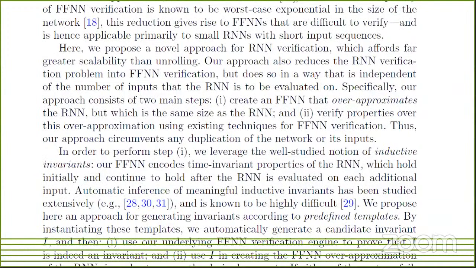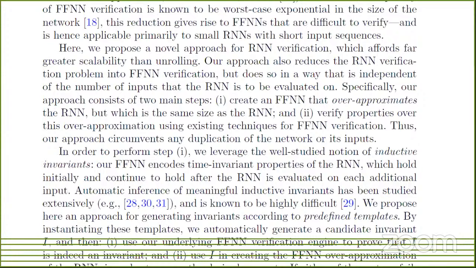Okay, so whenever you're over approximating and trying to verify a property, you can always go wrong, in the sense that you may have over approximated too much, and therefore, you may not be able to prove that the property holds, even if it holds. Okay.